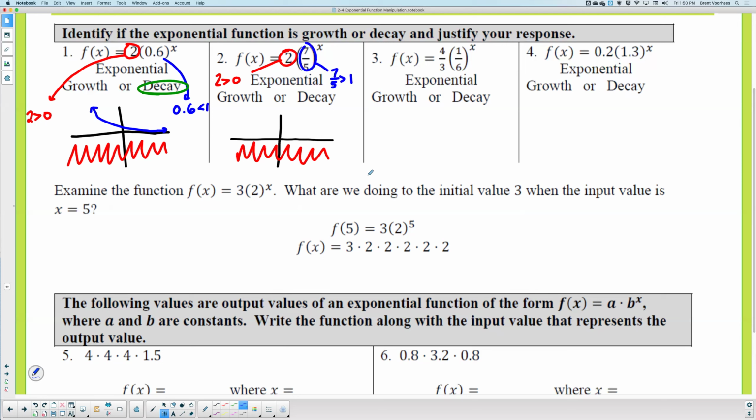It's greater than 1. So what does it mean if it's greater than 1? Does it converge or diverge? Diverges away from the x-axis. So what does that mean then when you put those together? Is that growth or decay? That becomes growth, because the graph is increasing.